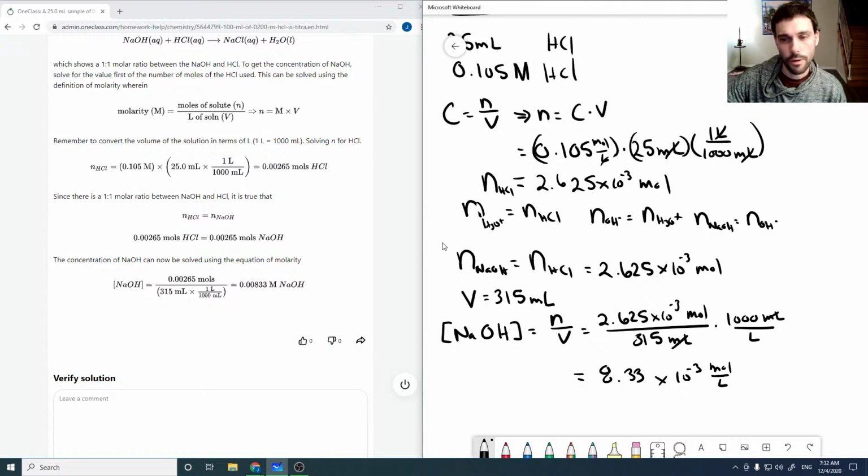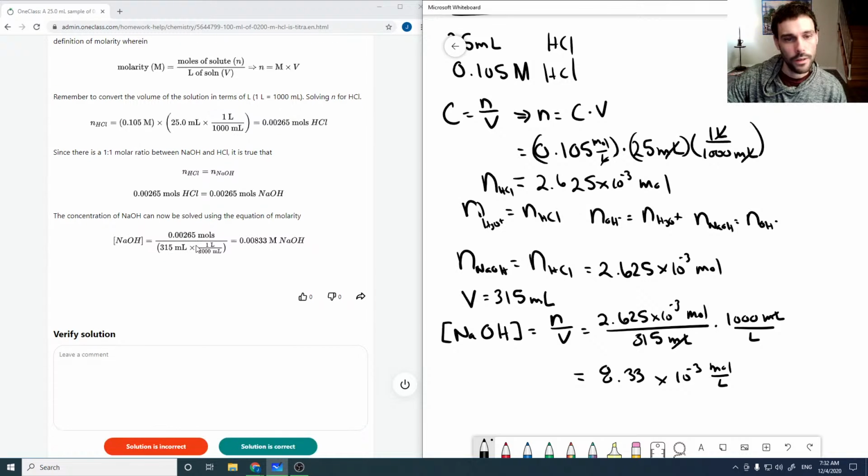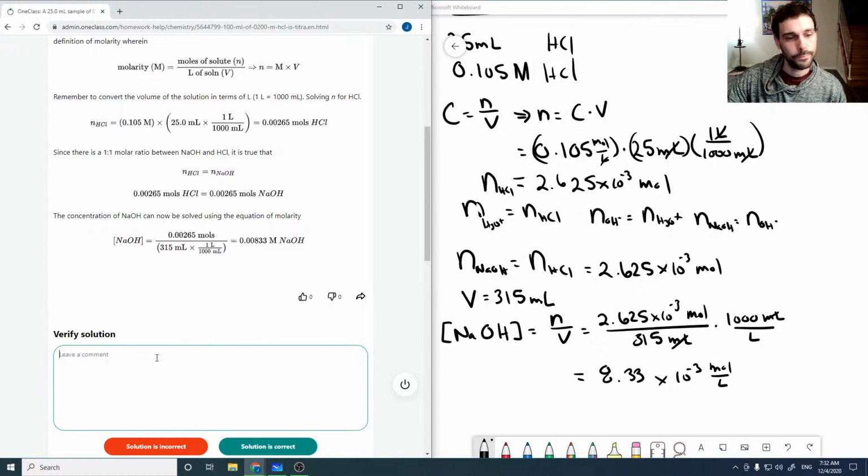But since it's a 1-to-1 ratio, that must equal the moles of NaOH. And if we divide by 315 and multiply by 1,000, then we get this 8.33 times 10 to the minus 3, which is what they have there. So that looks good.